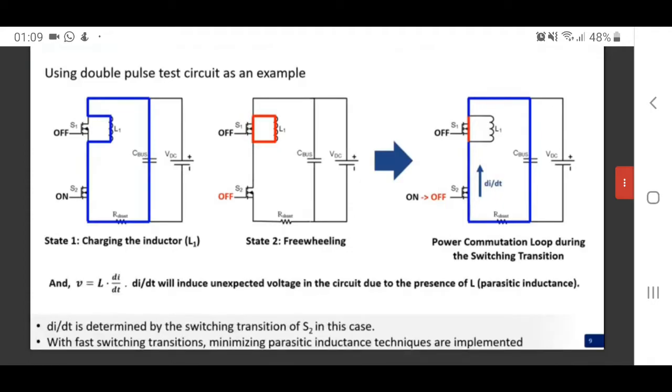So that will be some di/dt, because voltage is equal to L di/dt. So di/dt will induce unexpected voltage in the circuit due to the parasitic inductance. Here, the di/dt is determined by the switching transition of S2. So with a fast switching transition, minimized parasitic inductance design is really important.